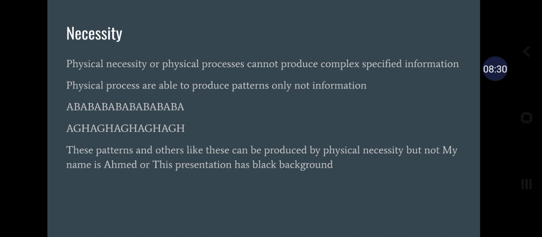But patterns like these can be produced by physical necessity, but not coherent information like 'my name is Ahmed' or 'this presentation has a black or green background.' That cannot be produced by blind necessity. Physical processes cannot do this, and through our experience of physical processes we can know what they can and can't generate, right? So this deals with necessity.